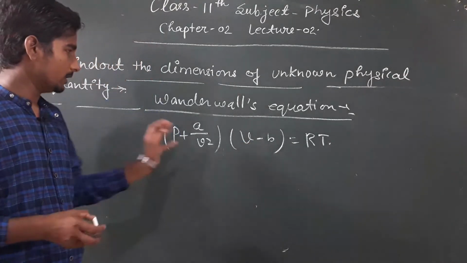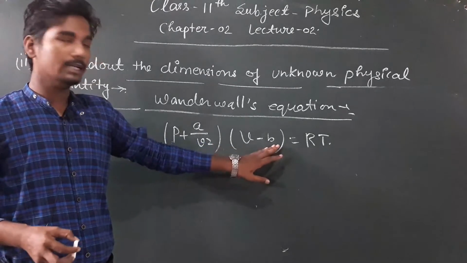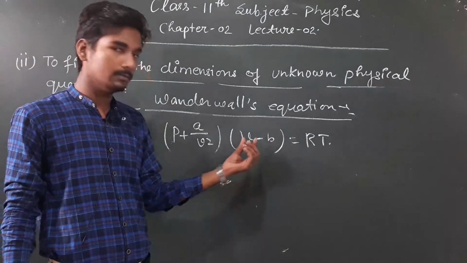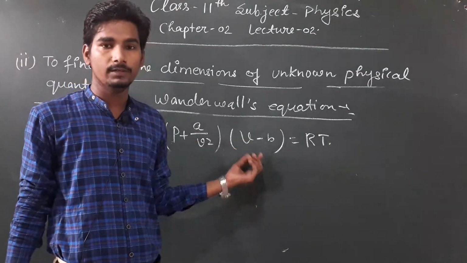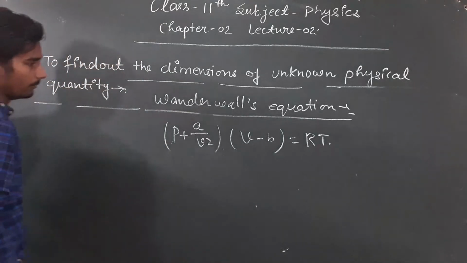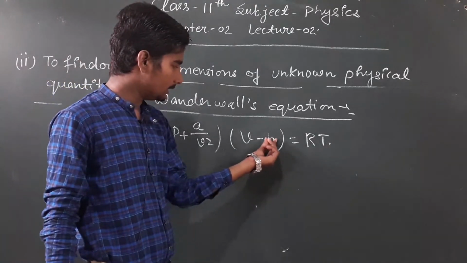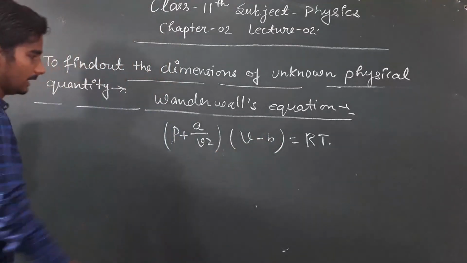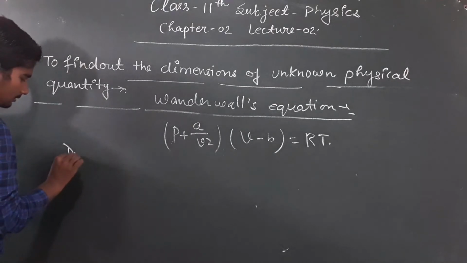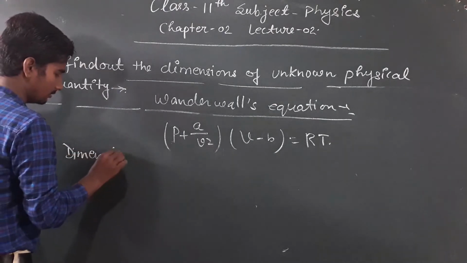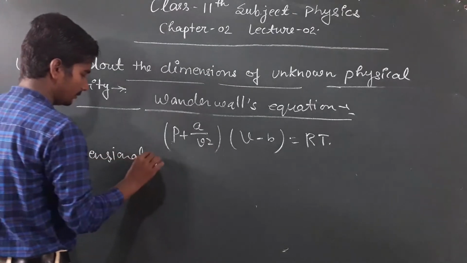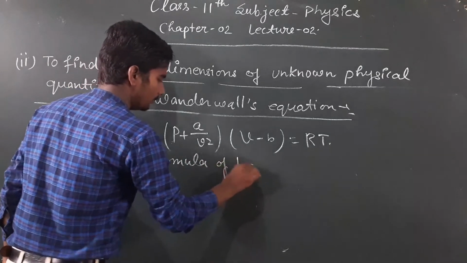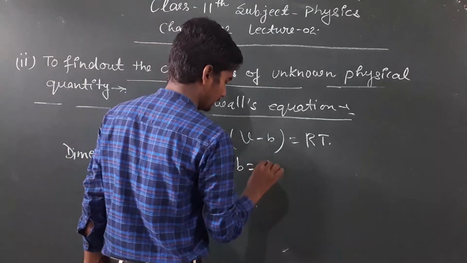So according to the homogeneity principle, if this equation is to be dimensionally correct, then B must have the same dimensional formula as capital V has. So if we want to find the dimensions of B, we first have to find the dimensions of capital V. So the dimensional formula of B will be equal to the dimensional formula of capital V.